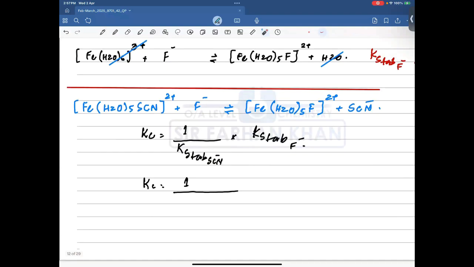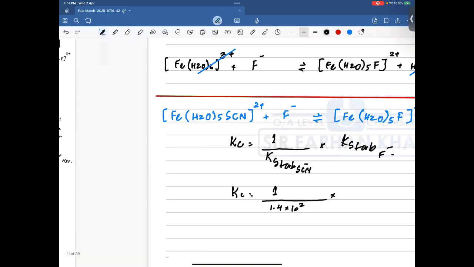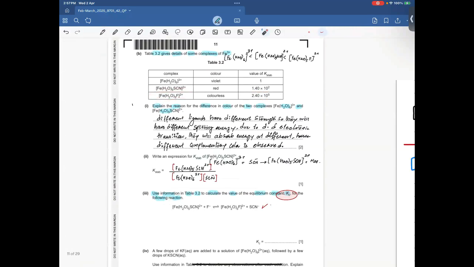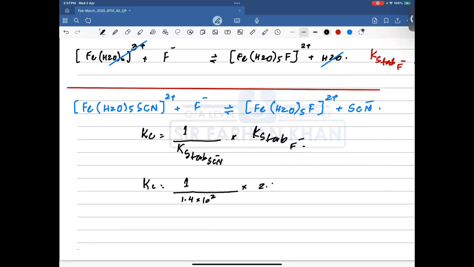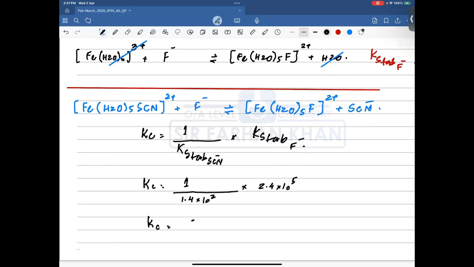Let me write it down here. 1.4 times 10 to the power 2 into K step fluoride. Fluoride is given in here and its value is 2.4 into 10 to the power 5. So Kc is going to be 2.4 into 10 to the power 5 divided by 1.4 into 10 to the power 2. So the value of Kc is going to be 1714.28. So that's the answer, by the way.